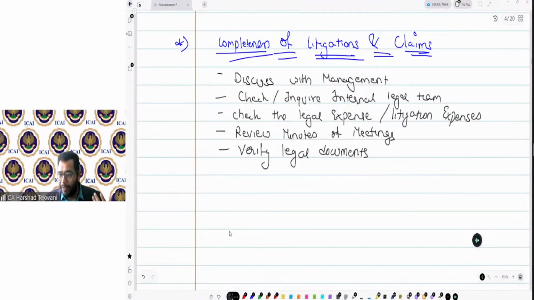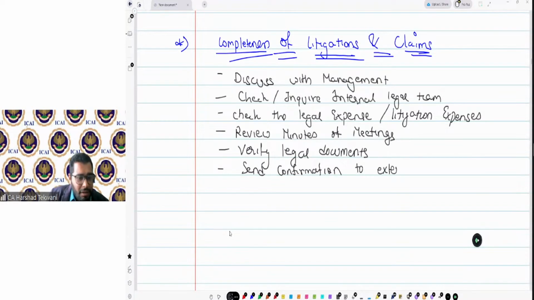Then, very good, Tanisha. Ask for a written confirmation from legal counsel, external legal counsel. So send confirmation to external legal counsel. Okay. So if you are sending external confirmation to legal counsel, then they might tell you something.